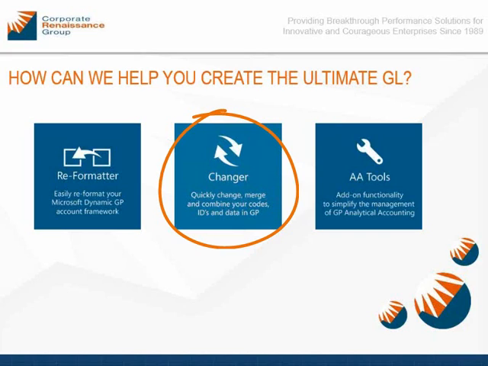To make it really easy to use, what we end up doing is just running a smart list of, hey, here's the GL structure today in column A. In column B, tell us what the new equivalent account is. And then we import that into Changer. And it runs a process to effectively change the GL, the chart of accounts, to your desired structure.